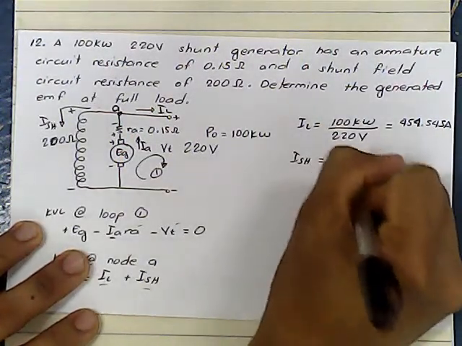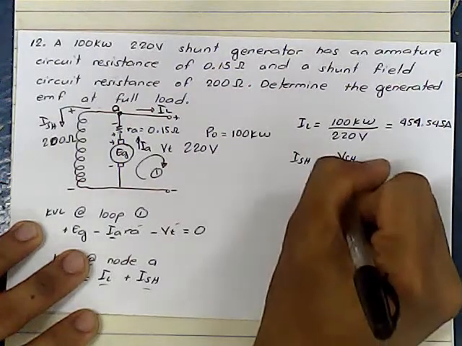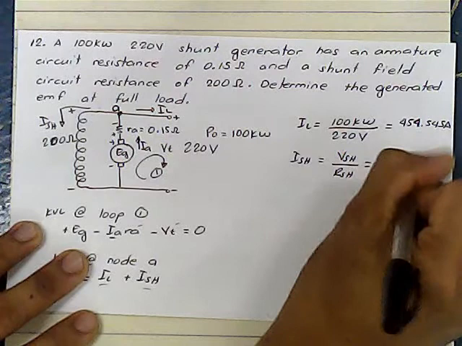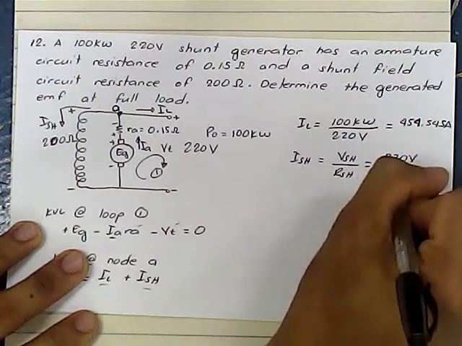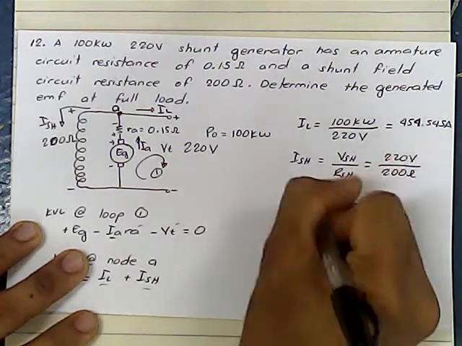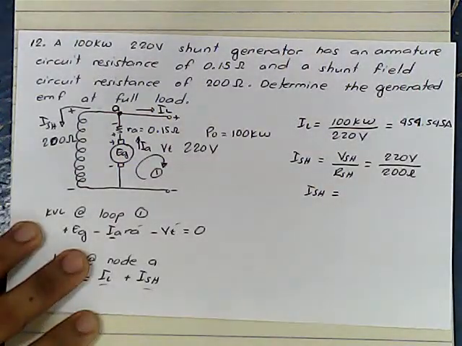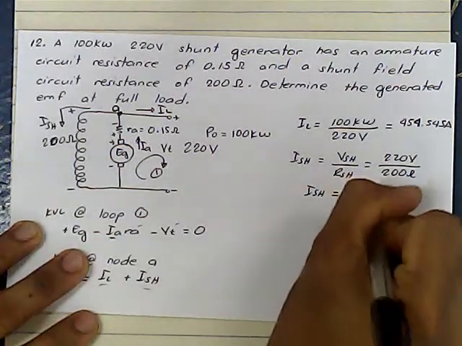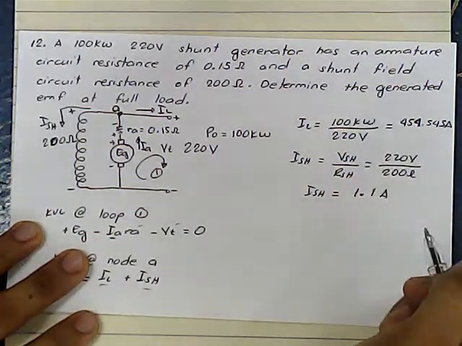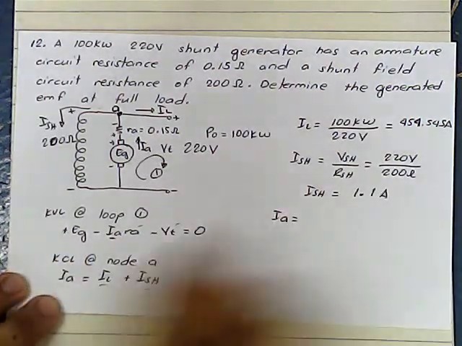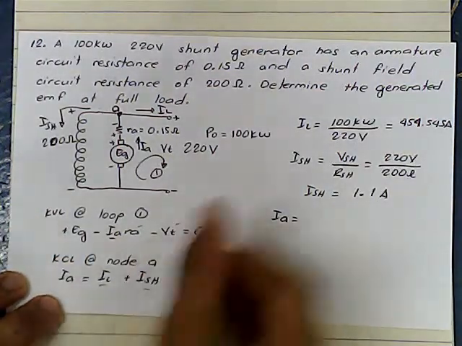ISH is equal to VSH all over RSH. So this is equivalent to 220 volts divided by 200 ohms. Therefore, ISH is equal to 220 divided by 200, that is 1.1 amperes. Next, let's determine IA using this equation.